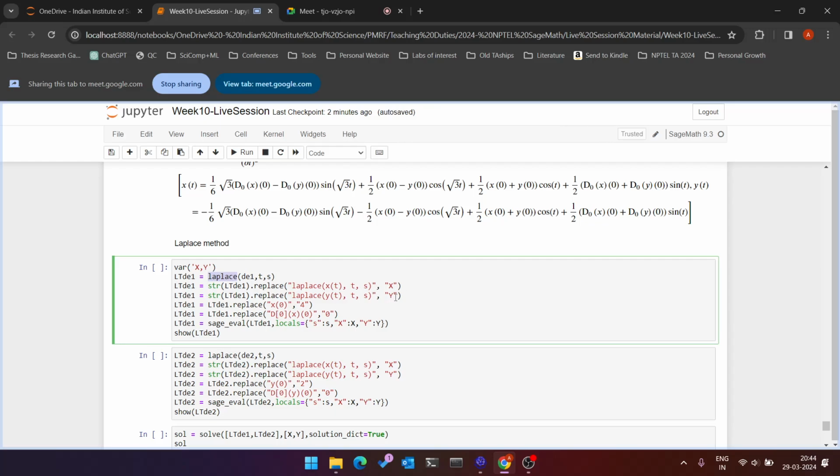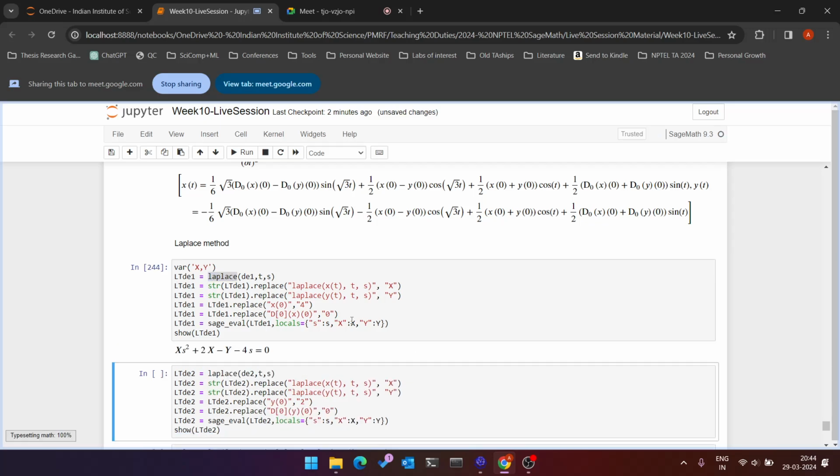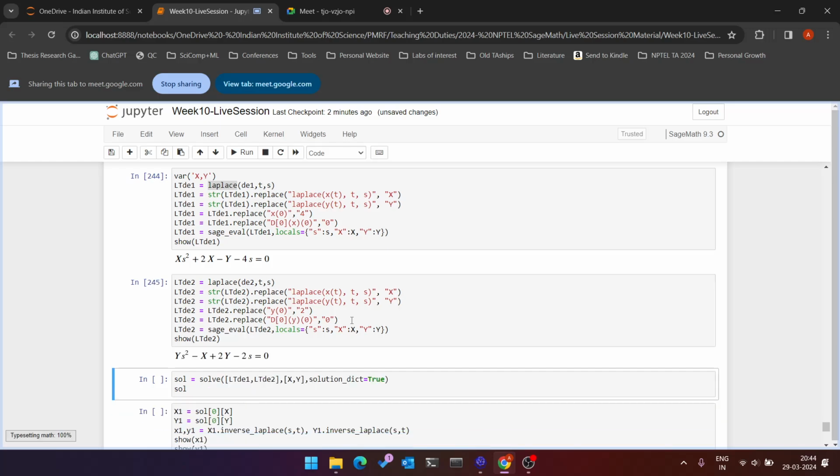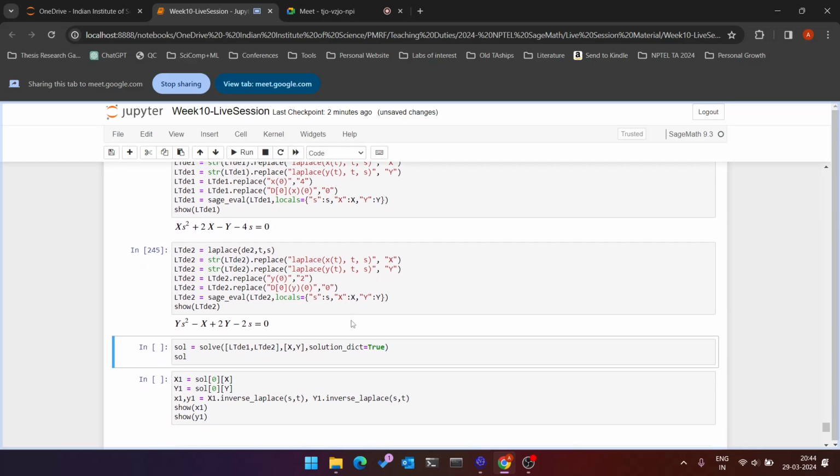For it, we replace the particular terms in the strings with capital X, capital Y, x of 0 and the first derivative of x. This is how the first differential equation looks after transformation. Same process we repeat for the second differential equation.